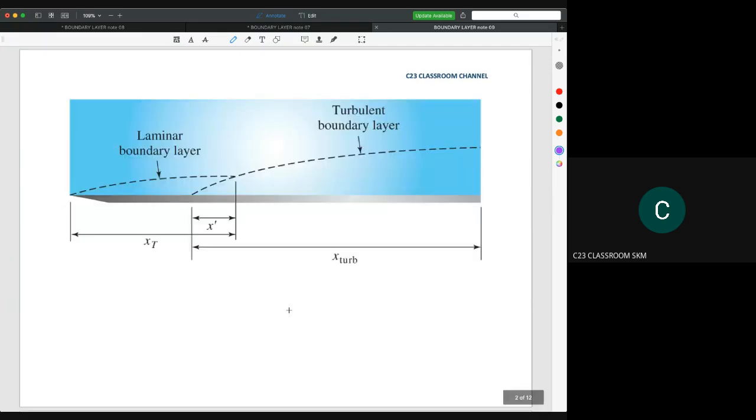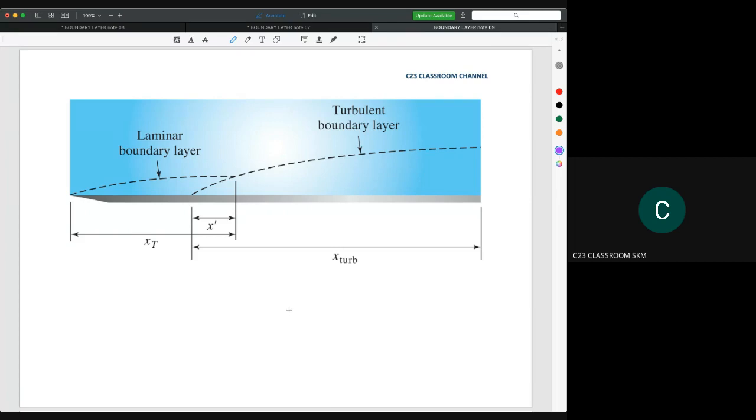What happens? Let's say the example that we used in the last lecture: maybe the plate is too long, 40 meters sometimes, and the velocity is too high, 30 meters per second is quite high. That's why the boundary layer is 100% turbulent, and then we could solve using that idea.